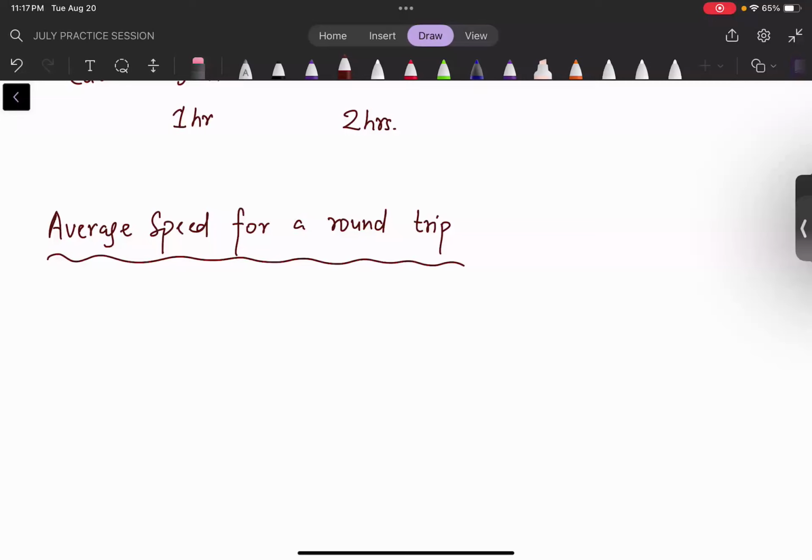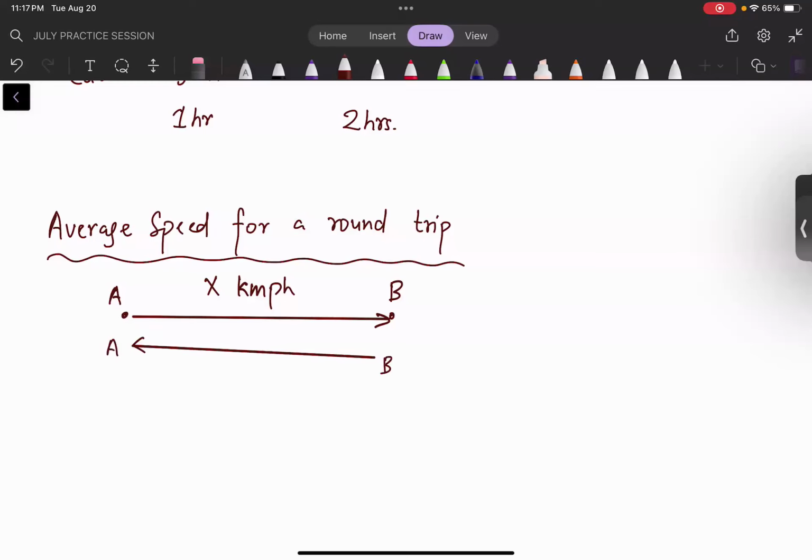So suppose, understand the situation. You are going from place A to place B at the speed of x kmph. You are returning back from B to A at y kmph.